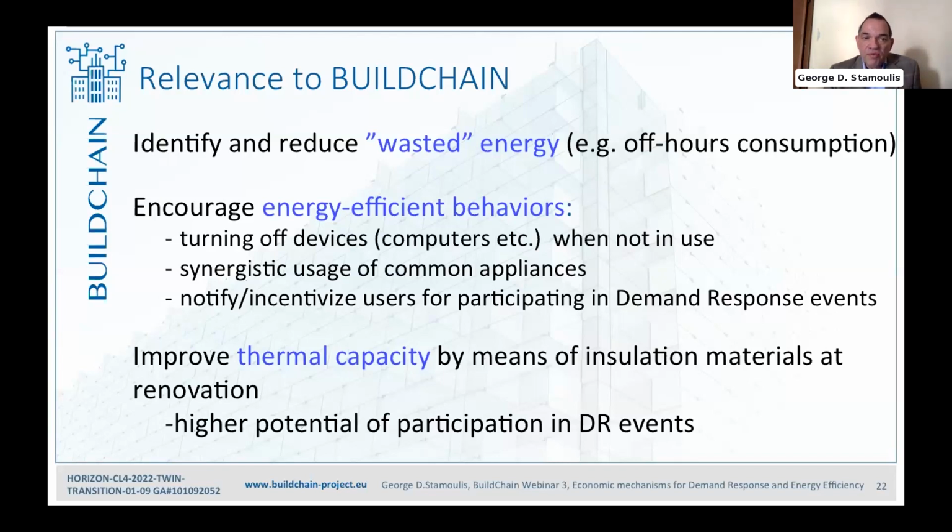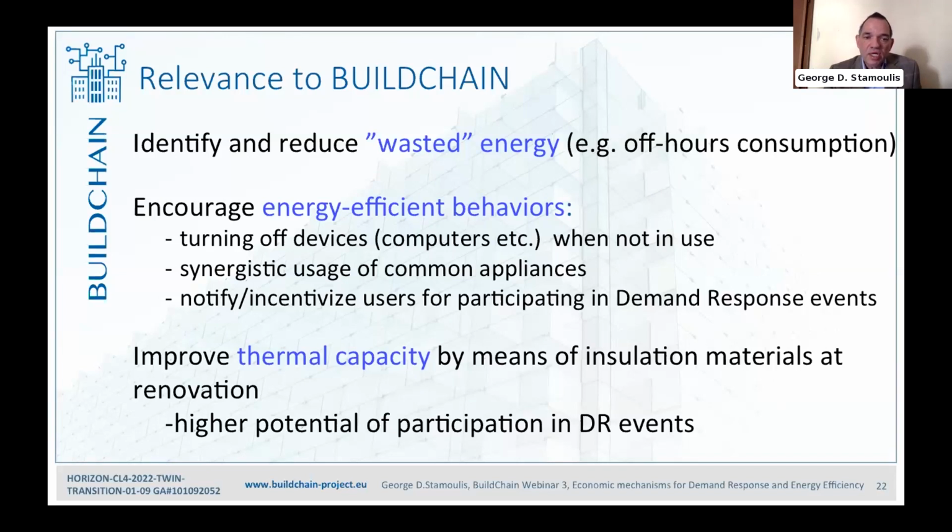So we have to identify wasted energy, like for example in off-hour consumption, and reduce it by means of right incentives. And for example, we have to encourage turning off devices when not in use. We have to encourage synergistic usage of common appliances and notify users for participating in demand response events. That is, the building as a whole will participate in demand response events.